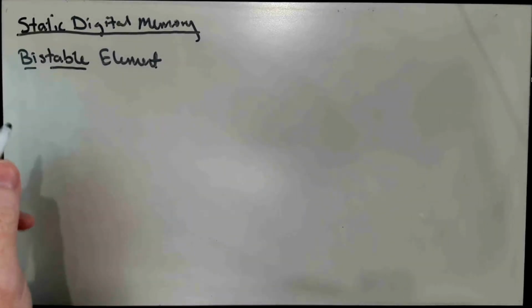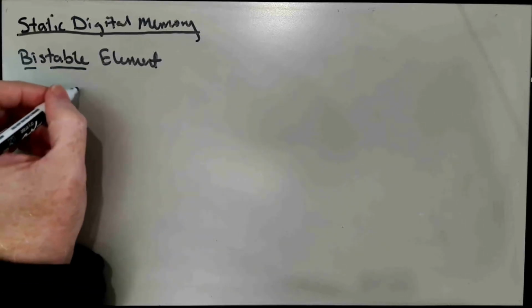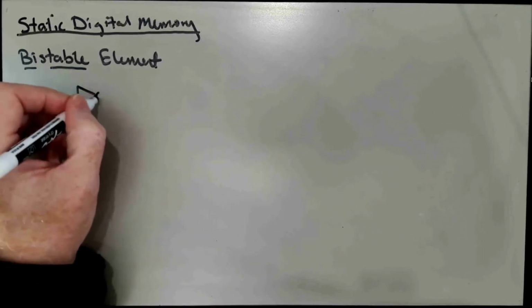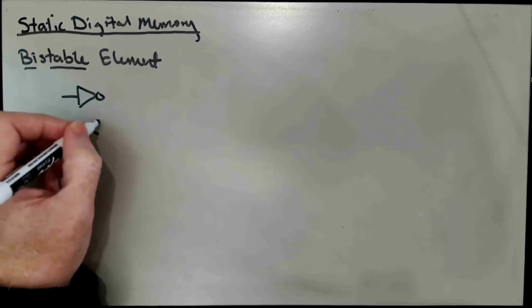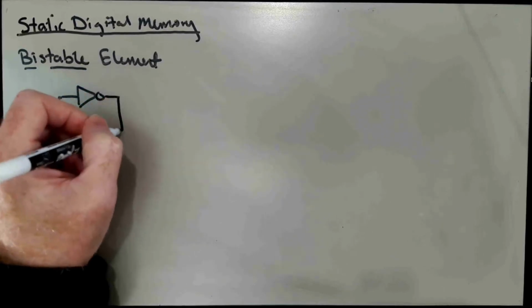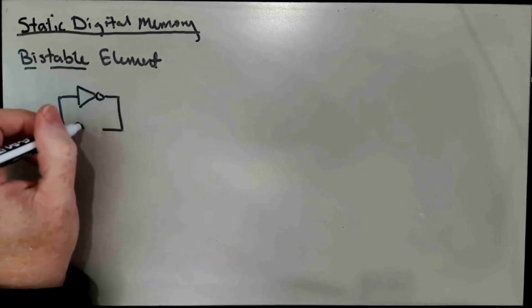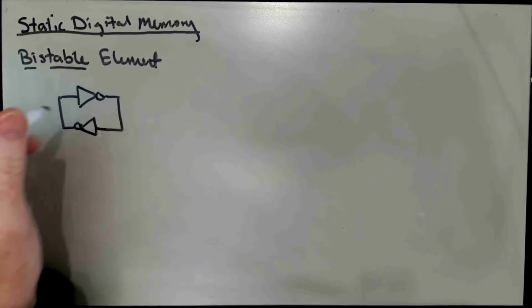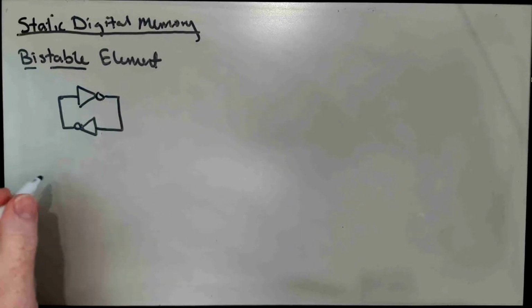And the circuit is very simple in terms of logic schematic symbols. It looks like a pair of CMOS inverters arranged in a ring like this, chasing their tail, so to speak.